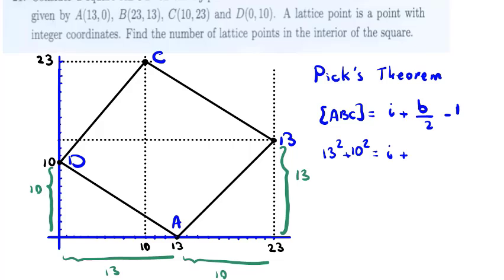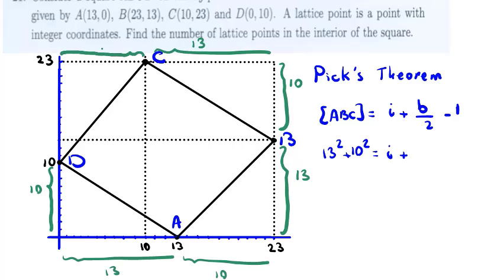And this one, let me show with dotted lines. This length is 23 minus 13, which is 10. This length is 13, this length is 10, this length is 13. So there are similar congruent triangles.